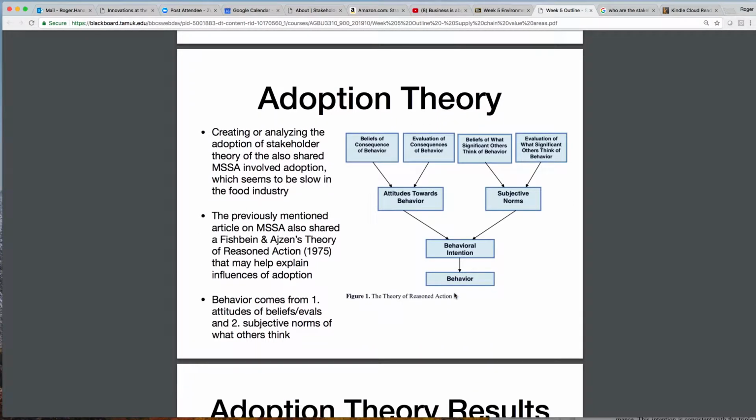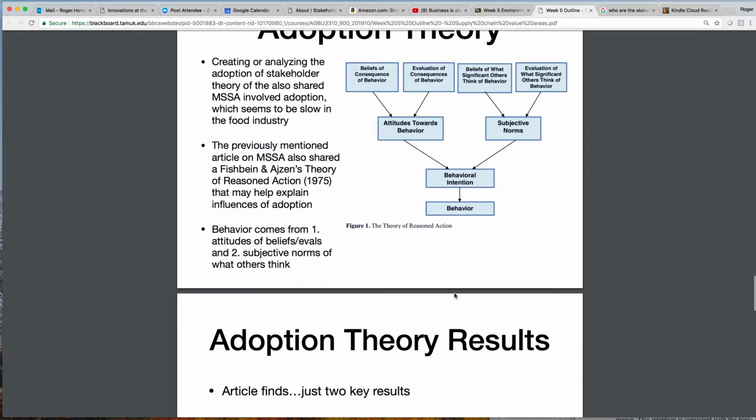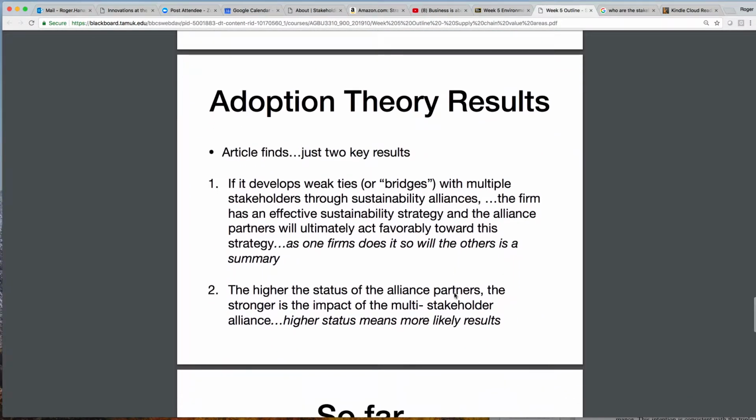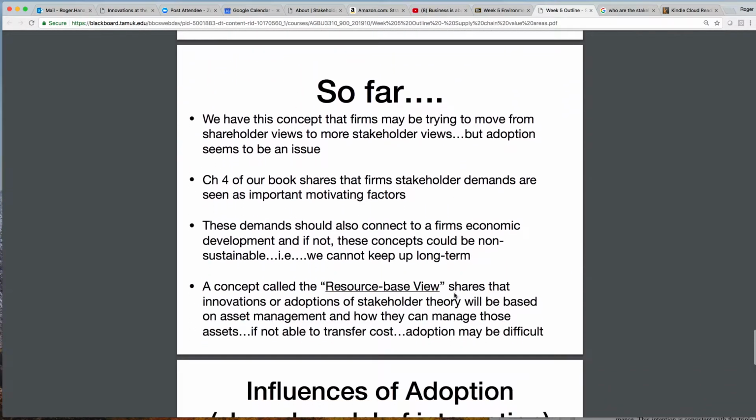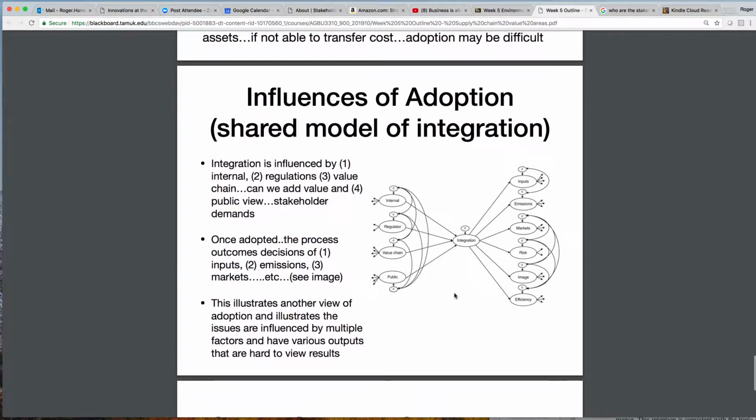Then there's this concept of how adoptions happen, this adoption theory, and I thought the theory of reasoned action was a good one, outlined again in the article. Moving through this, it connects back to the book, which shares there are multiple facets of integration. In other words, how do you change the supply chain? Well, there are multiple things in the way: internal functions, regulatory functions, value chain, where are we going to get the money for this, and the way the public views this.